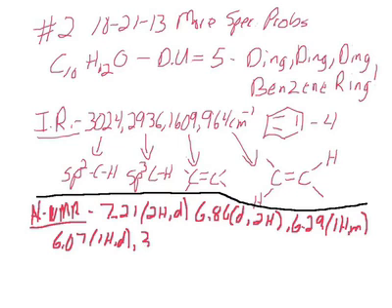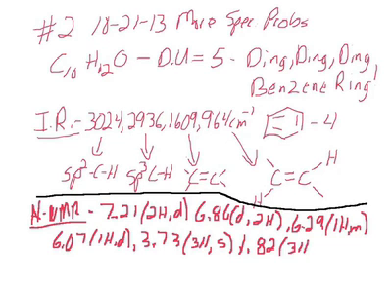We have a peak at 7.29, worth 3 H's, a singlet. And we have another peak at 1.82, worth 3 H's, a doublet.